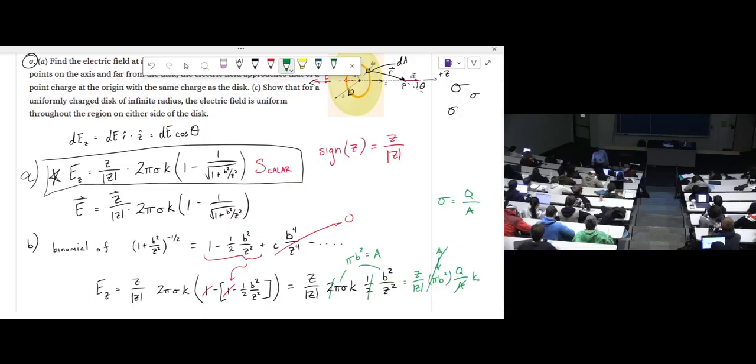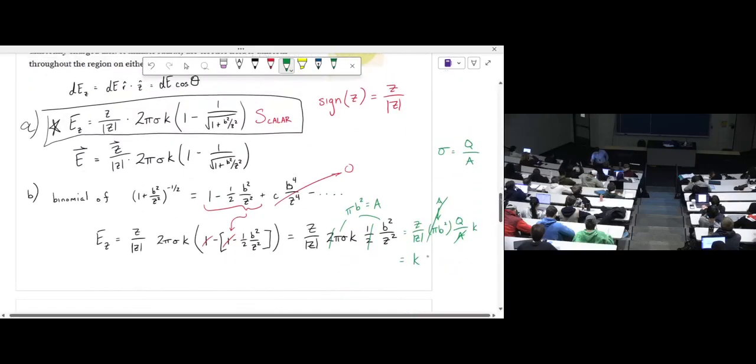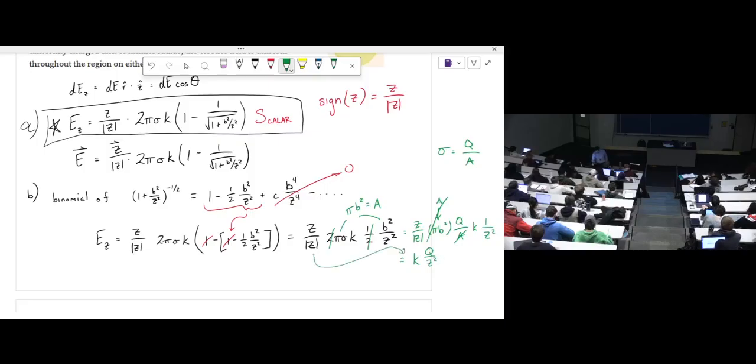All times k. So that's k times Q times, oh, I forgot my z squared, 1 over z squared here. And I do have that factor of the sign that could drop in here.